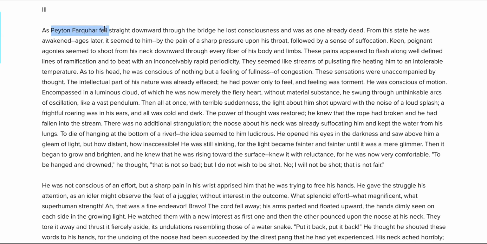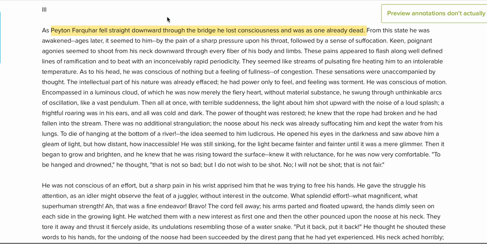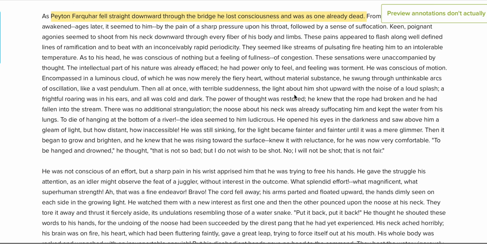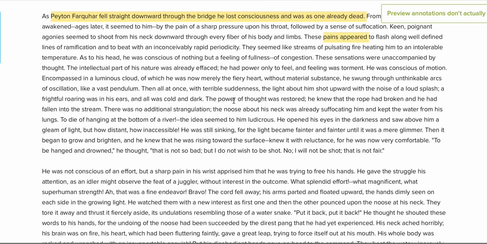And then we know that here, Peyton Farquhar strayed downward through the bridge and lost consciousness and was as one already dead. So we would understand that Peyton Farquhar fell into the water. In the coming paragraphs, maybe 3 paragraphs, we have a full description of how he felt.